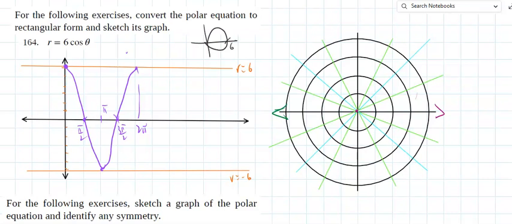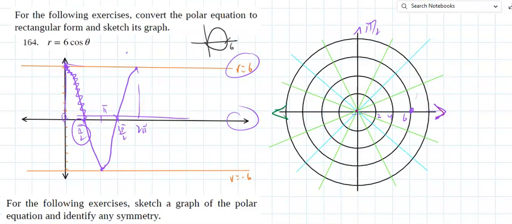Well, let's see how this works. Let's talk about this first piece. This first piece starts at 0. I am at 6. This is 0. Let's say this is 2, 4, 6. I'm right there. It decreases. By the time I reach pi over 2, I am at 0.